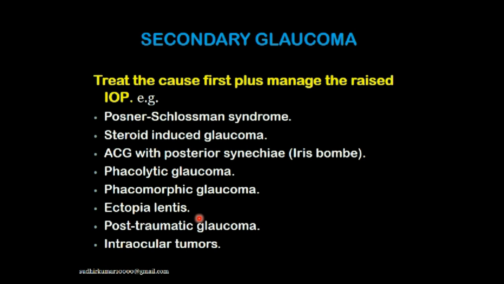We call it post-traumatic glaucoma. And intraocular tumors take up the volume of the eye, raise the intraocular pressure and cause glaucoma. So treatment in these cases is basically the treatment of the intraocular tumor.